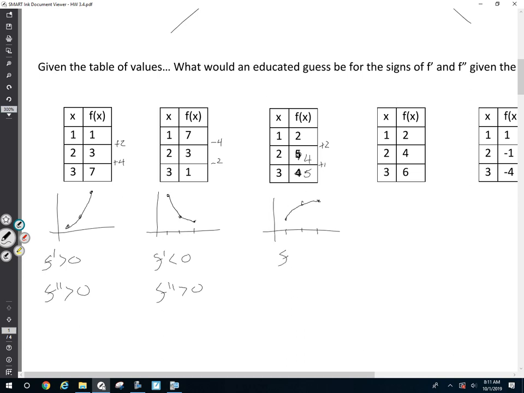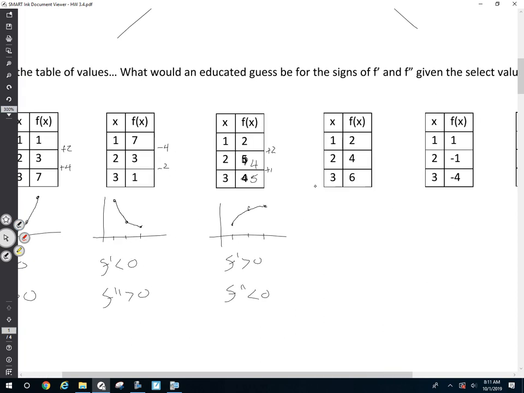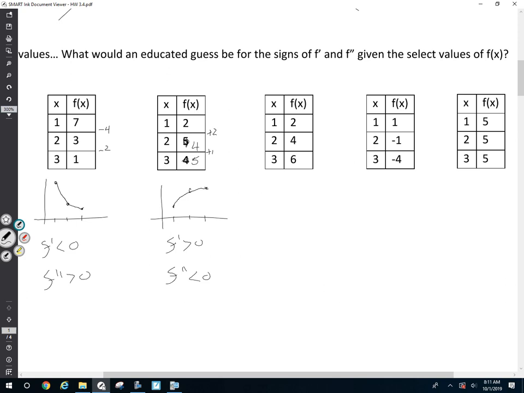So increasing at a decreasing rate, concave down. 2, then 4, then 6. I'm increasing at a constant rate. I would probably guess that 2, 4, 6. My first derivative would be positive, but my second derivative would be equal to 0. That's if things are consistent.